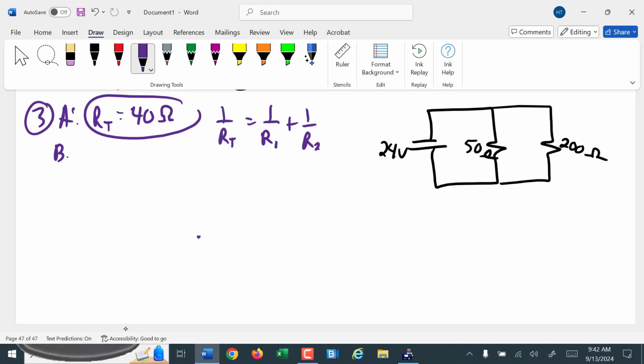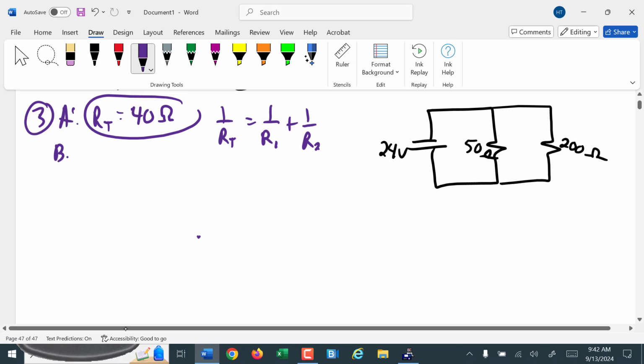For B then, if we have 40 ohms total resistance, our total current will be our 24 volts divided by 40 ohms, which is 0.6 amps or 600 milliamps if you prefer. Then I1. Well, remember in a parallel circuit, the voltage is the same on both branches.